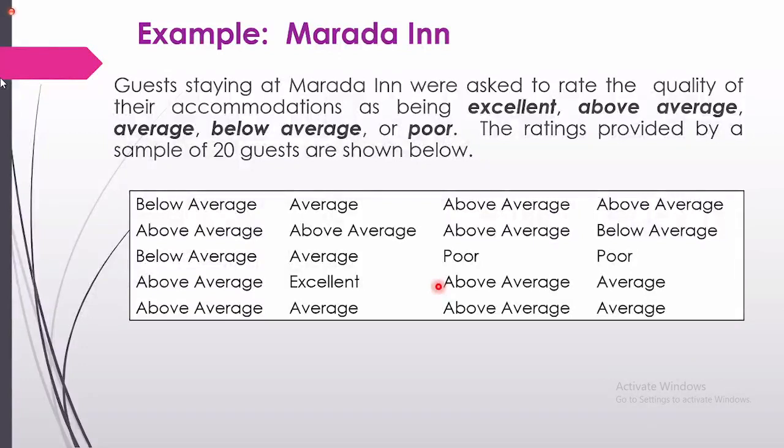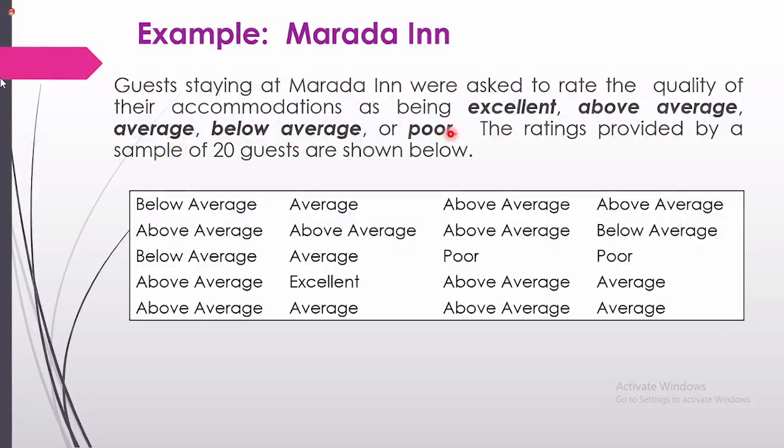Now we are taking a very simple example. Here we have a hotel. Guests are staying and they were asked to rate the quality of their accommodations. The quality of accommodations is measured with excellent, above average, average, below average, or poor.